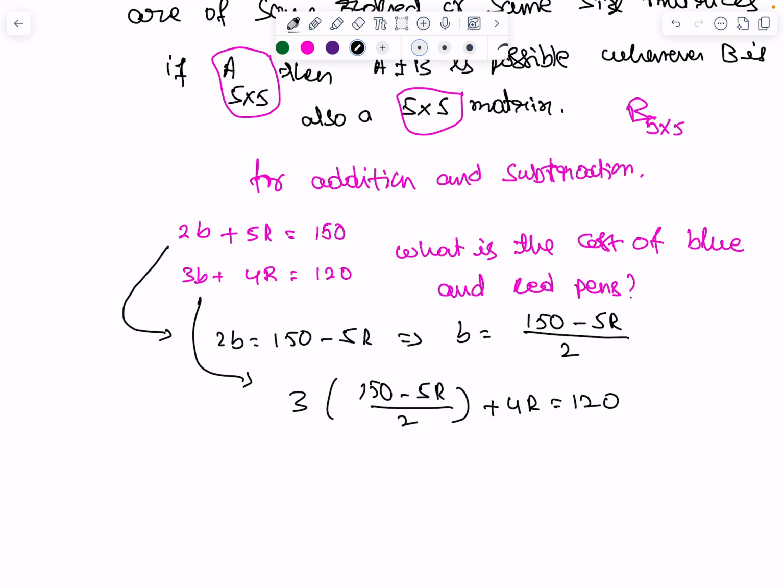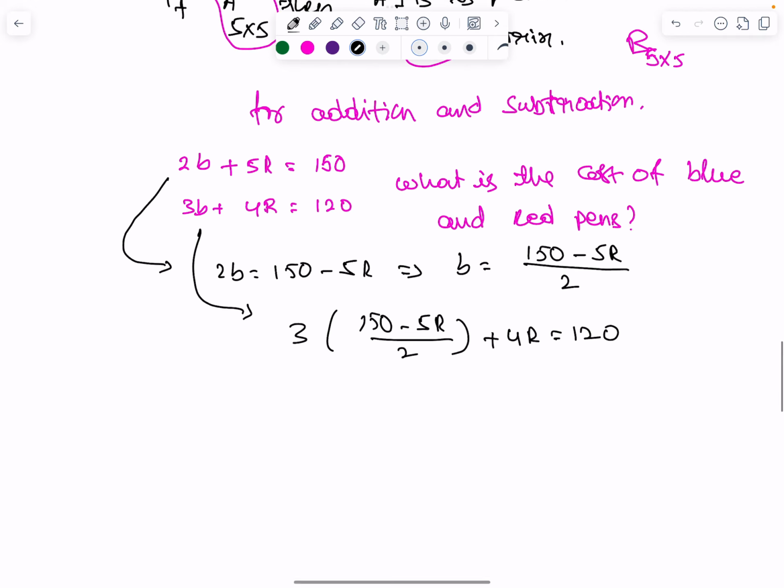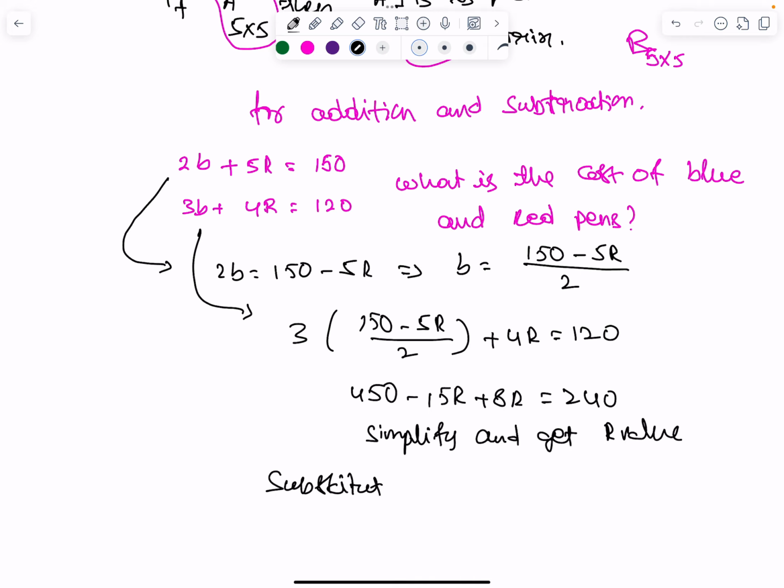Then after eliminating, you will be getting the pens. I mean, that is 450 minus... substitute r in b is equal to 150 minus 5 into r place to get b value. This is the standard procedure to eliminate it.